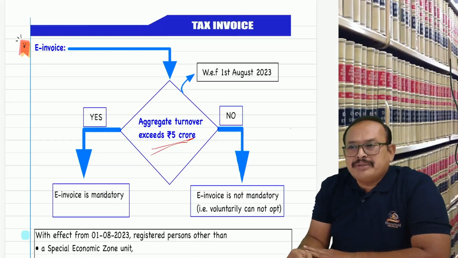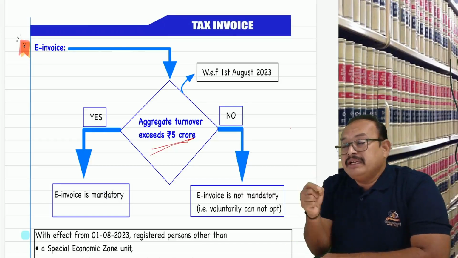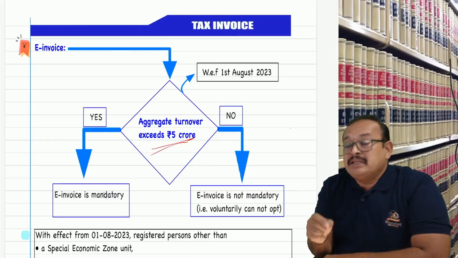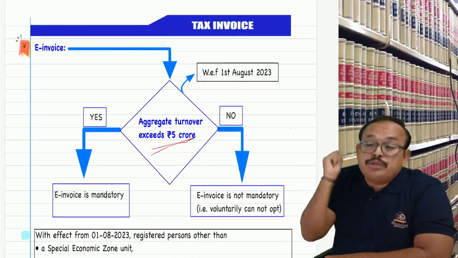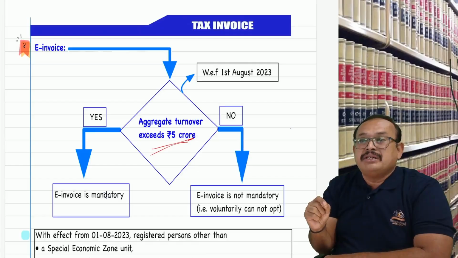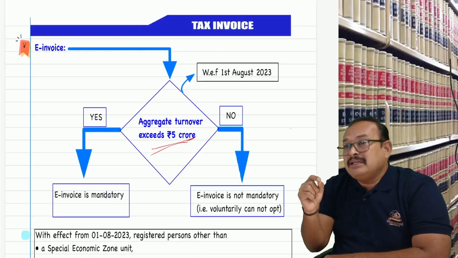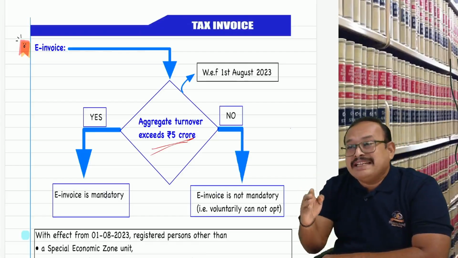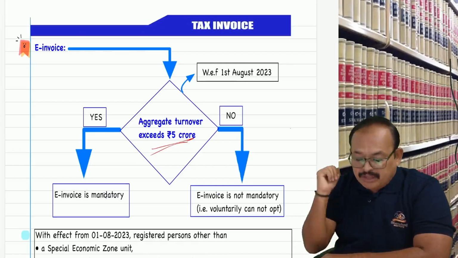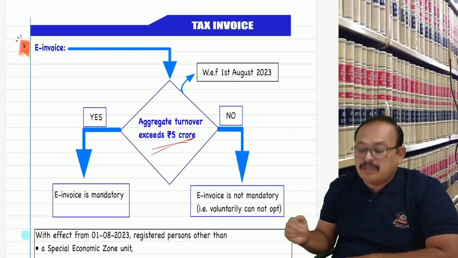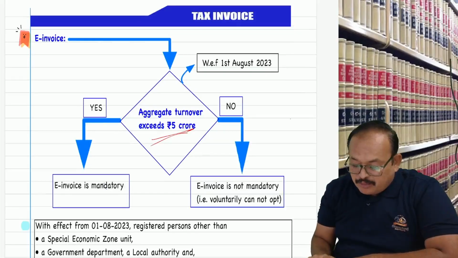Get your points. Therefore, e-invoice is mandatory, then the supplier should issue the e-invoice. What are the processes through which e-invoice can be generated, which I am going to bring to notice now, one by one, as follows.